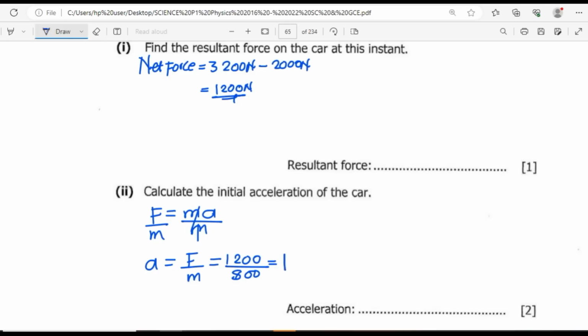I'm getting 1.5 meters per second squared. Make sure as you're calculating, the mass should be in kg, the force is in Newtons, and the acceleration should be in meters per second squared or Newton per kg, so that depends.